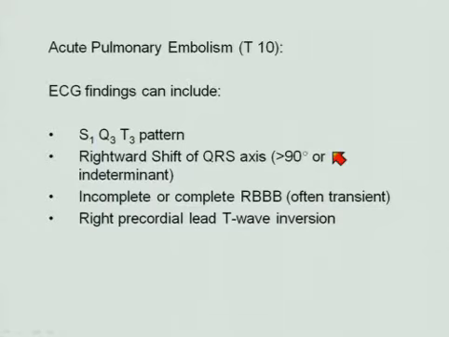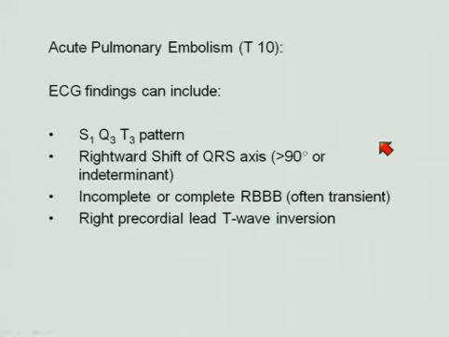So acute pulmonary embolism is another pattern that can affect the electrocardiogram in a manner that simulates RVH and right-sided changes. One pattern that can occur is an S1Q3T3 pattern. I'll show you that in a moment. You often will have a rightward shift of the QRS axis, and there may be incomplete or complete right bundle branch block, and right precordial lead T wave inversion can occur.